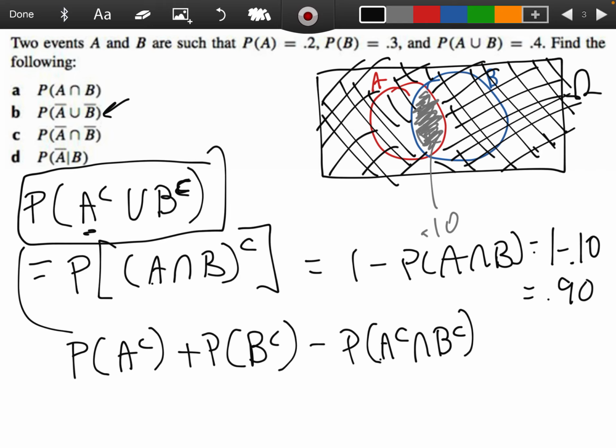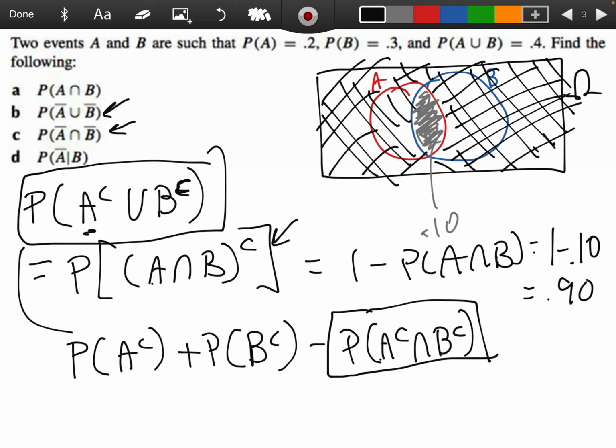We could do that, but we might decide that, if we haven't figured out this already, in fact, that's going to be the next question, then this may just make things more complicated. So I would probably use the Venn diagram to figure it out, or write it out using the complement of A intersect B.